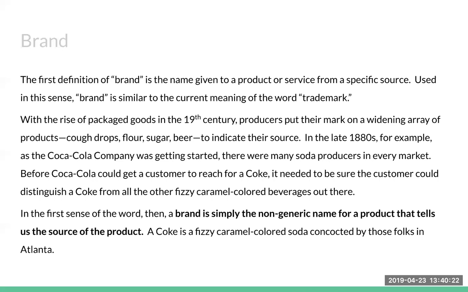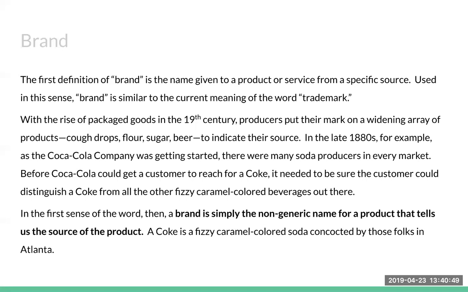So the first definition of brand is the name given to a product or service from a specified source. Used in this sense, brand is similar to the current meaning of the word trademark. With the rise of packaged goods in the 19th century, producers put their mark on a widening array of products such as cough drops, flour, sugar, beer, and it indicated the source, so where the product was coming from.